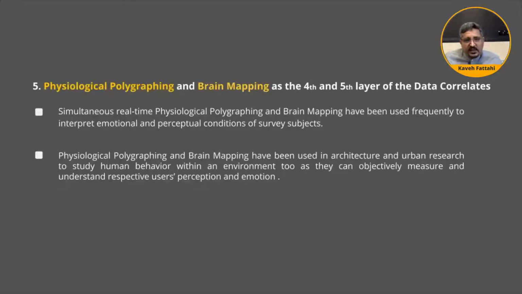The second and third layers of Data Correlate Plus are simultaneous real-time physiological polygraphing and brain mapping. They have been used in architecture and urban research to study human behavior within an environment, as they can be interpreted to understand respective users' perception and emotion while being there.